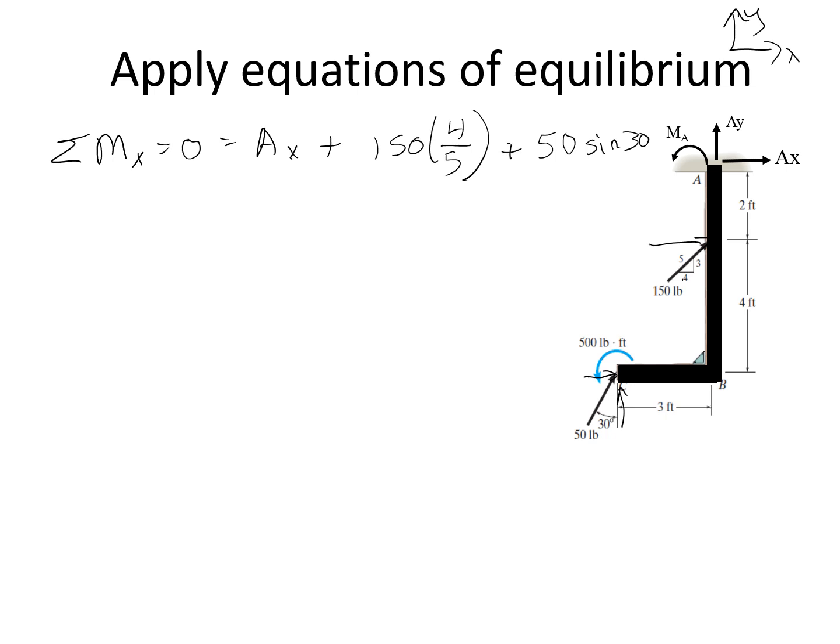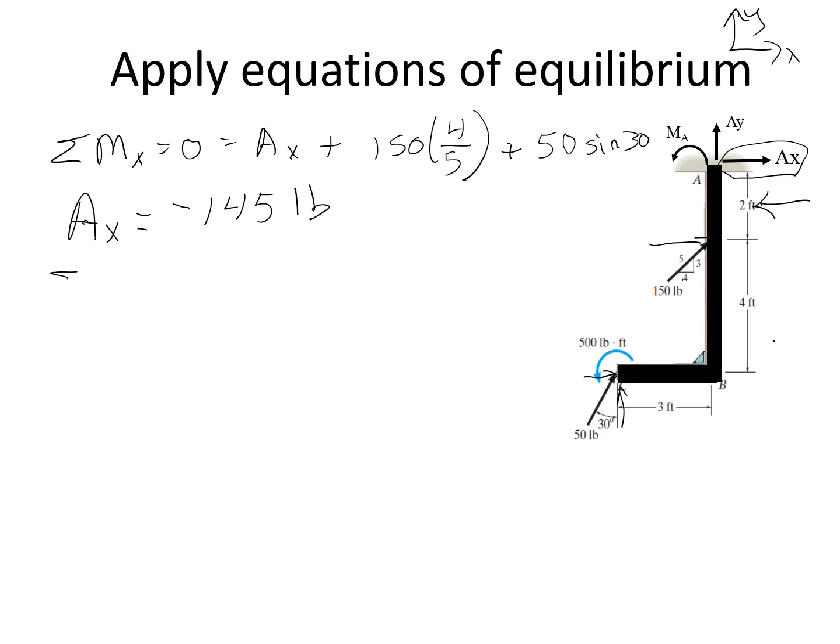So solving this equation for AX, I get AX is equal to negative 145 pounds. And so this AX here, instead of going to the positive direction, it's actually to the left, which makes sense because the 2 applied forces are to the right.